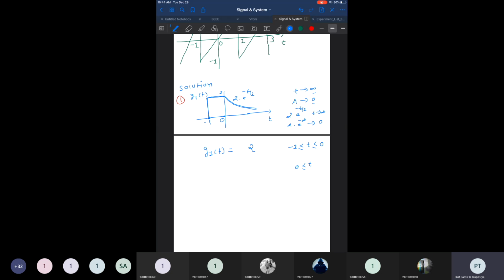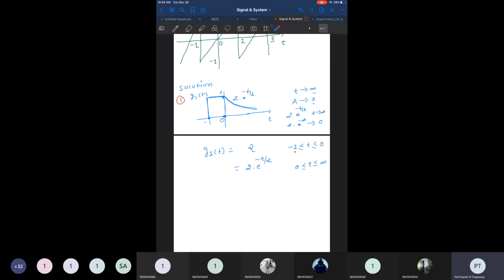Because if we put t equal to 0, then e raised to 0 becomes 1, so we get the amplitude 2 over here. So the signal can be described in two parts. The first part is a rectangular function from -1 to 0, and for the other duration, from 0 to infinity, the signal is exponential.